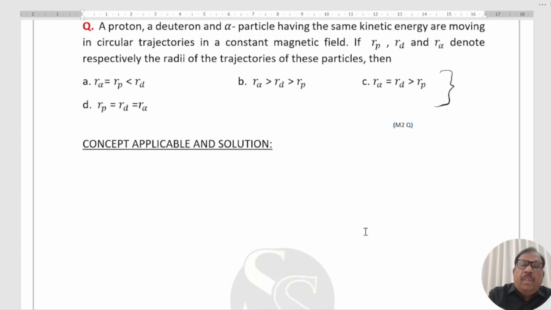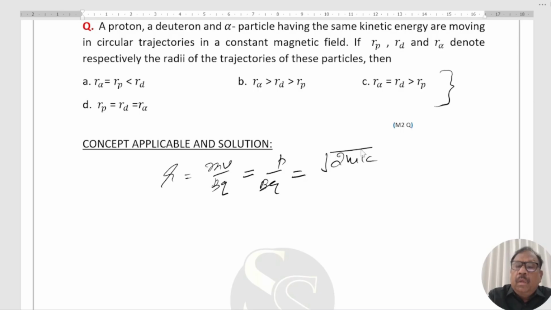Again, the concept applicable is when a charged particle enters a uniform magnetic field, it follows a circular path, so theta is 90 degrees. R is given by mv by bq, or p by bq, or root of 2mK by bq, or 2 m q V upon bq.